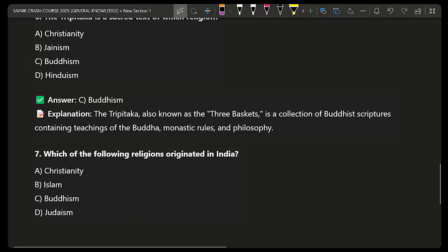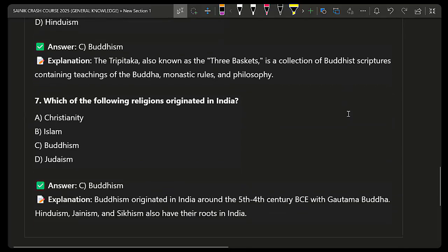Time up. 1 student said Islam, wrong answer. 2 students said Christianity, wrong answer. And 4 students said Judaism, wrong answer. Majority of the class, 13 students, gave the correct answer, that is Buddhism. Buddhism originated in India around the 5th to 6th century BCE with Gautama Buddha. Hinduism, Jainism, and Sikhism also have their roots in India. Next question.